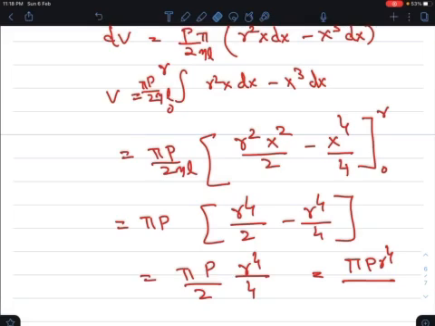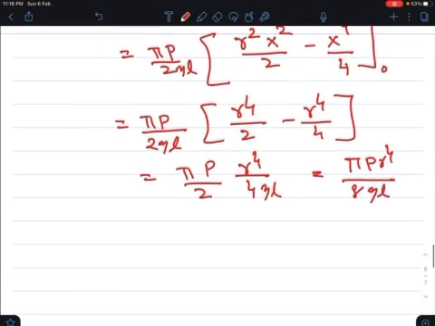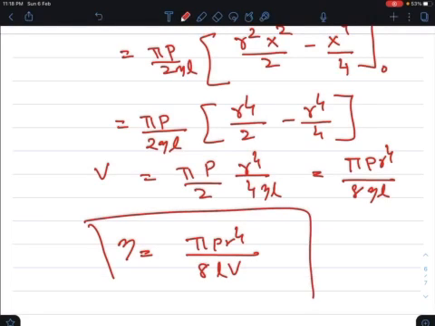So it is 8 eta L. So that is my rate of flow of liquid through the whole tube, or my coefficient of viscosity eta is equal to pi P r raised to 4 divided by 8 L V. So this equation is known as Poiseuille's equation.